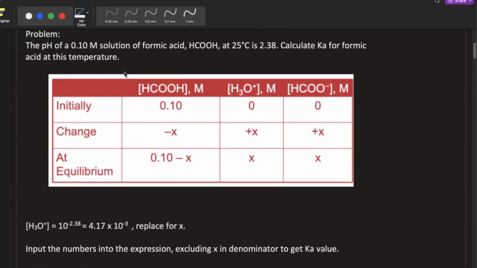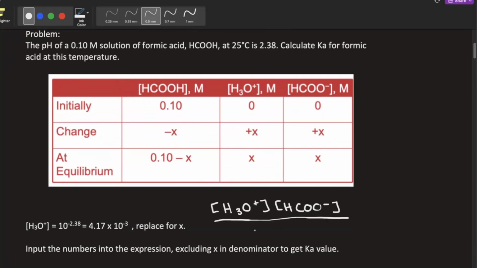Remember that Ka is equal to the expression H3O plus times HCOO minus over HCOOH. This is what our Ka is going to equal.